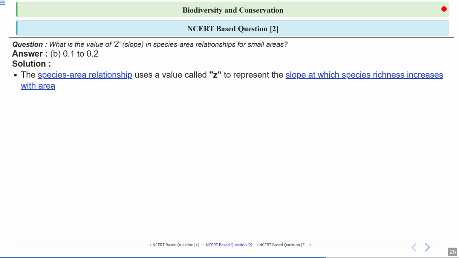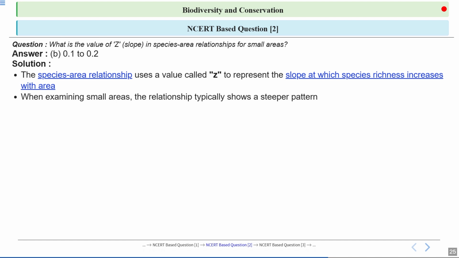Now the slope in this relationship is called Z. It tells us how quickly species richness increases as we look at larger areas. Now when we focus on small areas, the pattern of species increase is usually steeper.